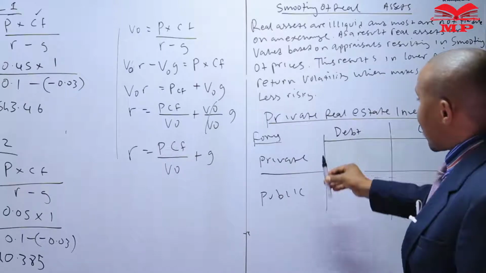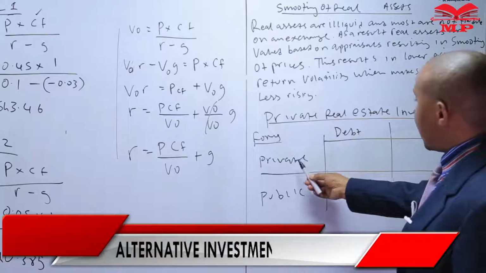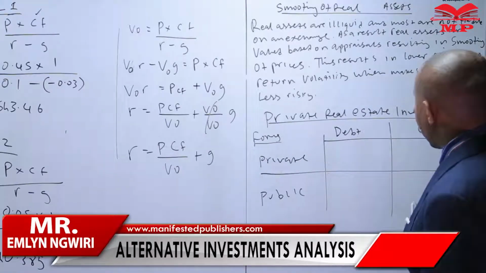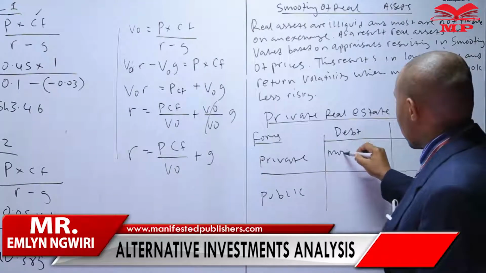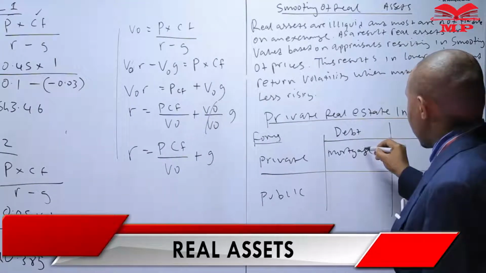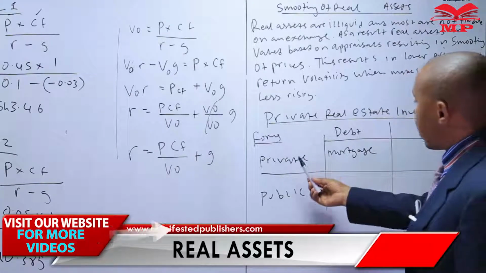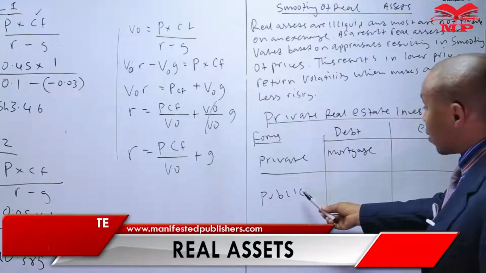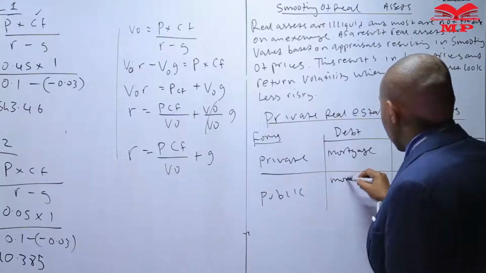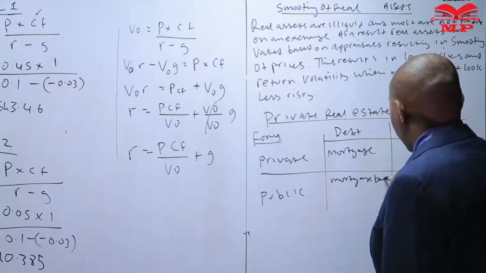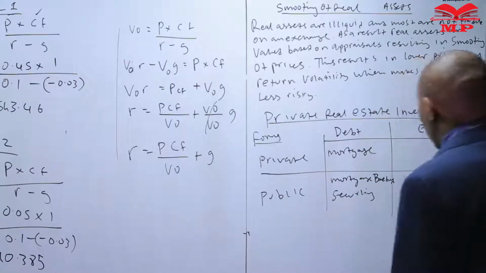Looking at that two-dimensional quadrant, if it is private and it is debt, we can just say it is an outright mortgage. If it is publicly traded and it is a debt form of instrument, this is a mortgage-backed security, MBS.